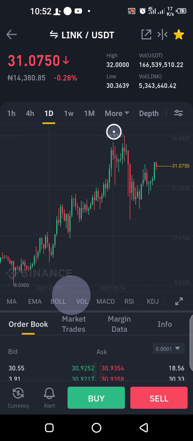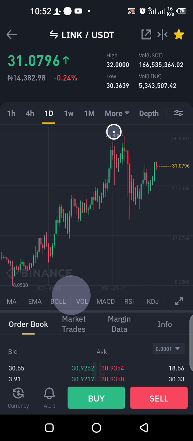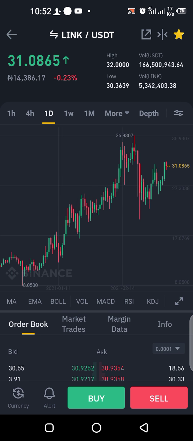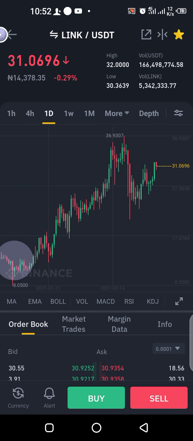If there's nothing of such, then expect your resistance and support levels to be respected. By respected, I mean expect them to work so well for you. And when you are working with your resistance and support levels, always make use of your stop loss.